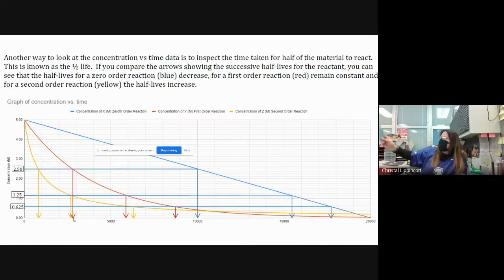If it's a first order reaction, then you can plug it into that equation, and that's going to give you your K value.